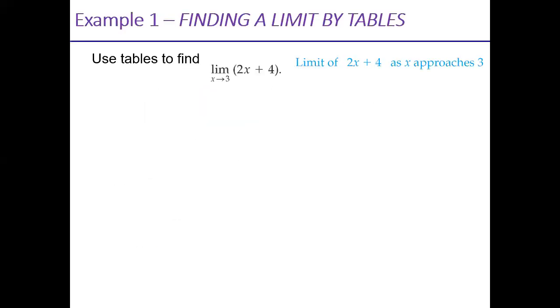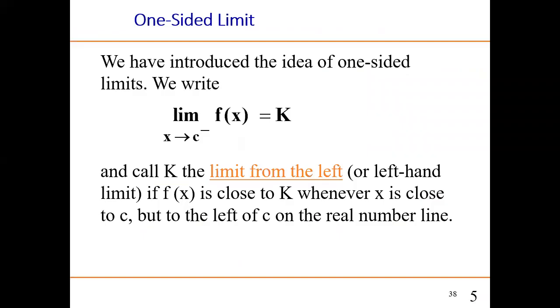Yeah, so for a one-sided limit, we are saying that the limit of f of x as x approaches c from the left, so when you see a negative, we say from the left, is equal to a certain value k, and we call k the limit from the left or left hand limit if f of x is close to k whenever x is close to c, but to the left of c on the real number line.